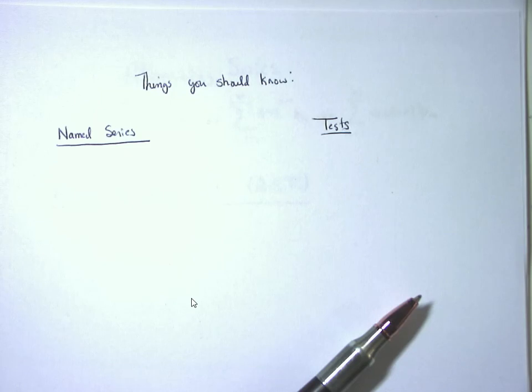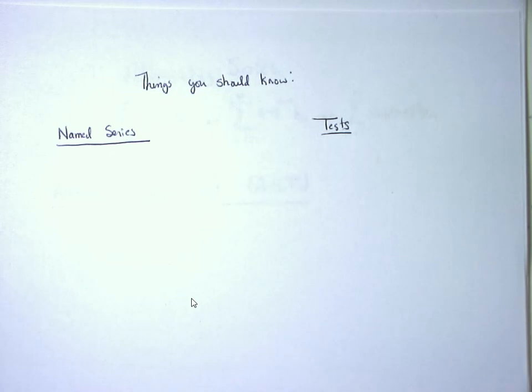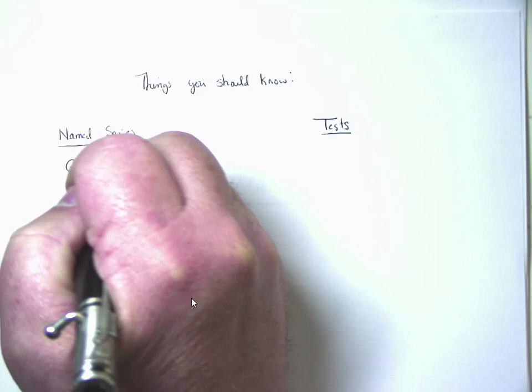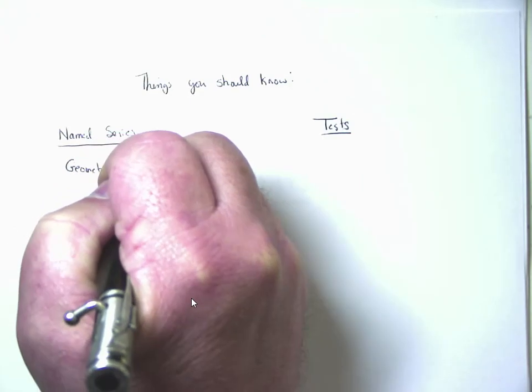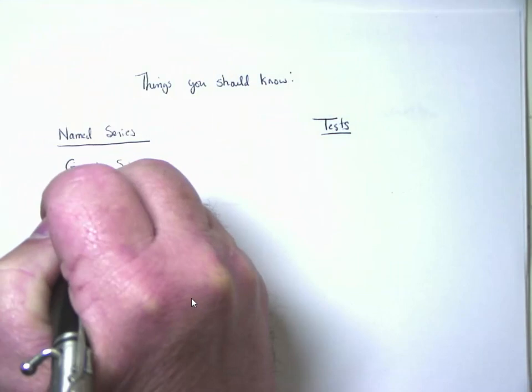So let's talk about stuff you're supposed to know. We're talking about series. Let's talk about named series you have memorized and recognized. The first one is the geometric series. The next one is the telescoping series.